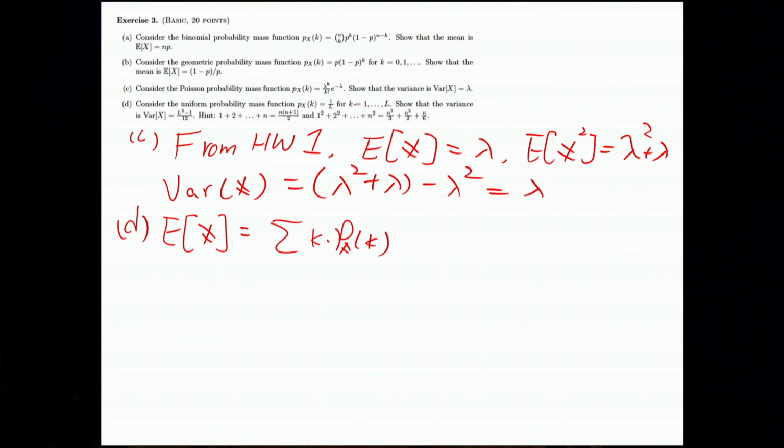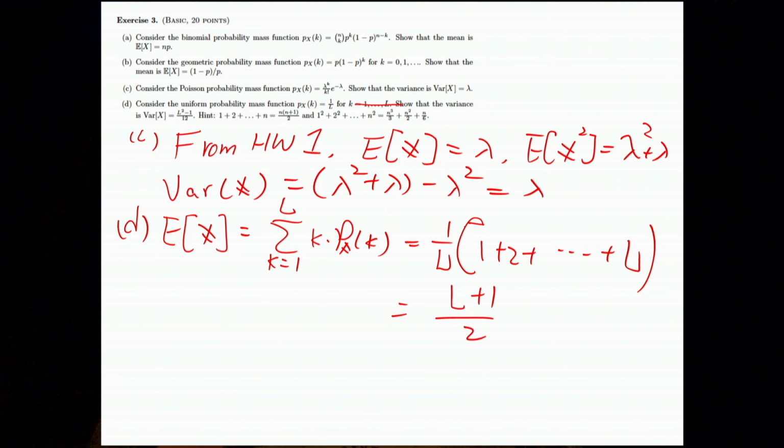Here k is from 1 to L. We just plug in, because the mass function p_k is 1 over L. With k being 1, 2, 3 to L, this gives (L plus 1) divided by 2.